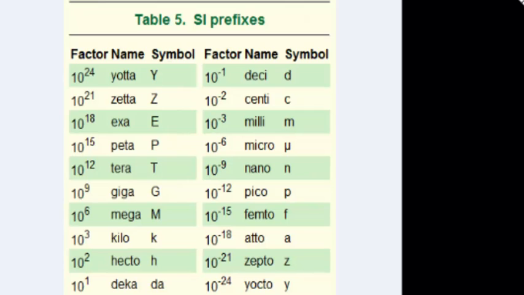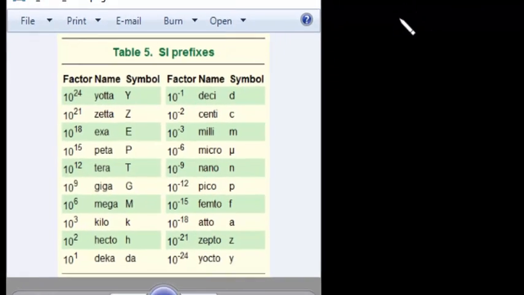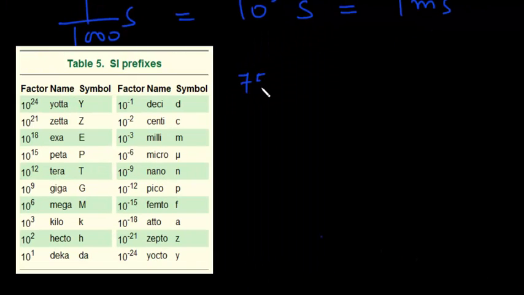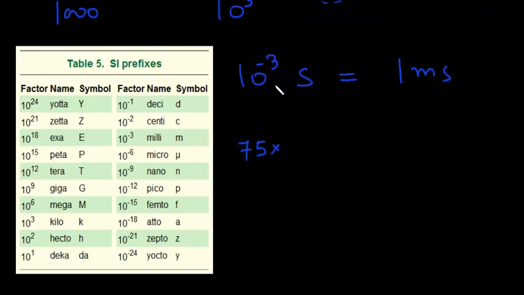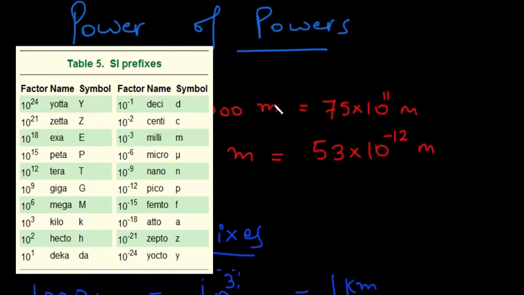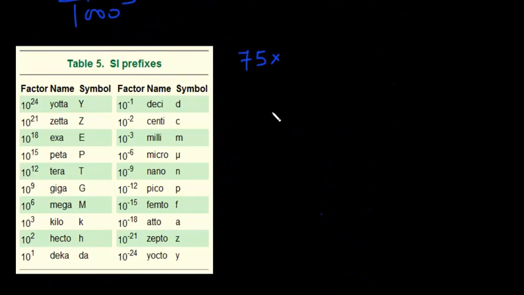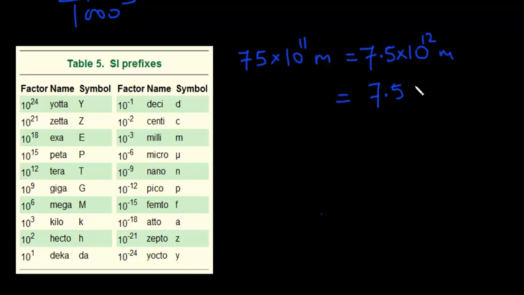So our number, the distance between Earth and Pluto, was 75 into 10 to the power 11 meter, or 7.5 into 10 to the power 12 meter. So from the table we can see we can replace 10 to the power 12 with tera, terameter.